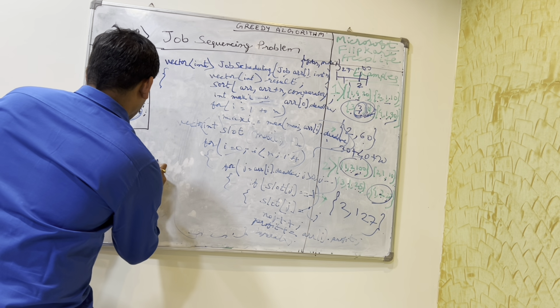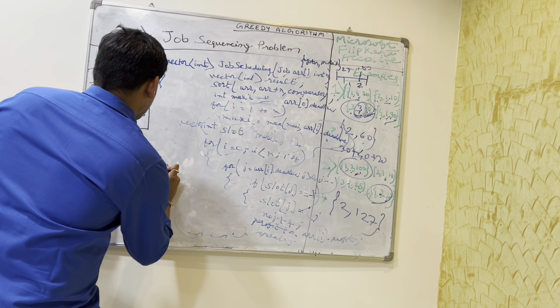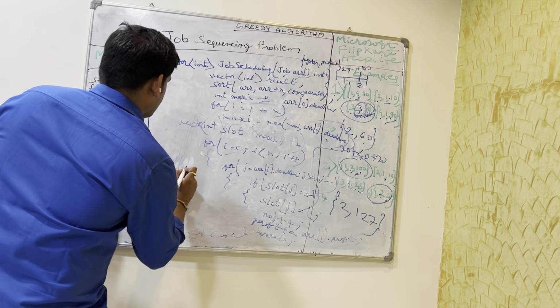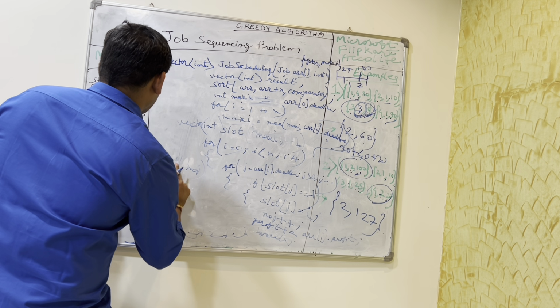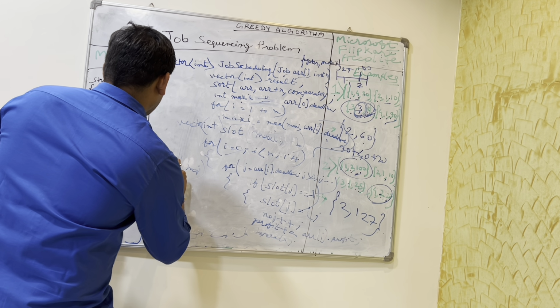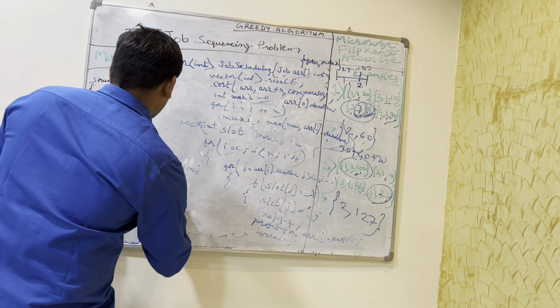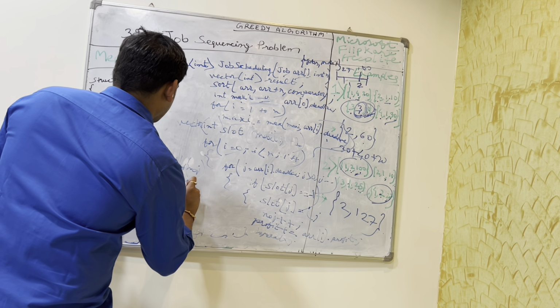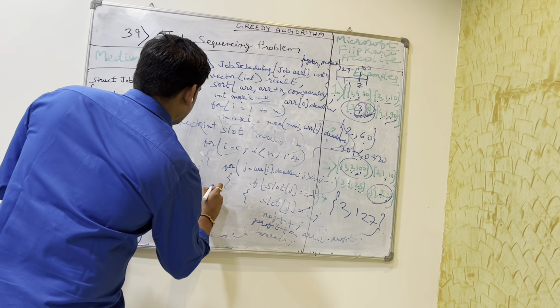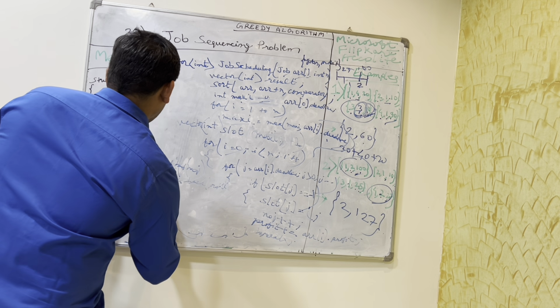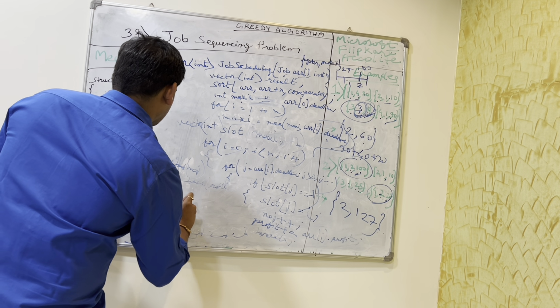And we will be adding the result: result dot pushback number of jobs, and result dot pushback profit, and return result.